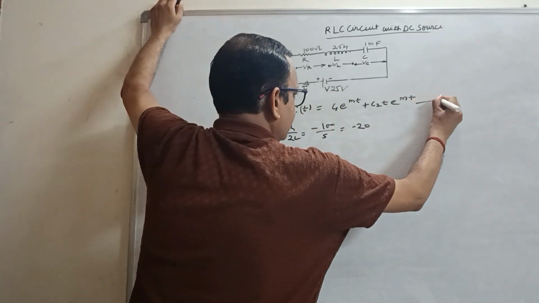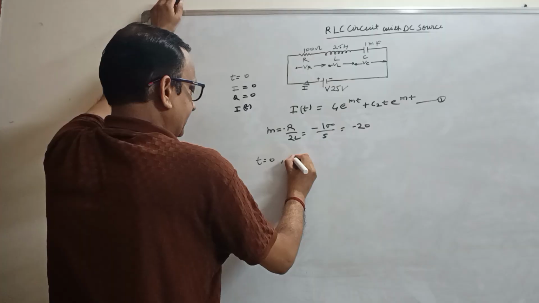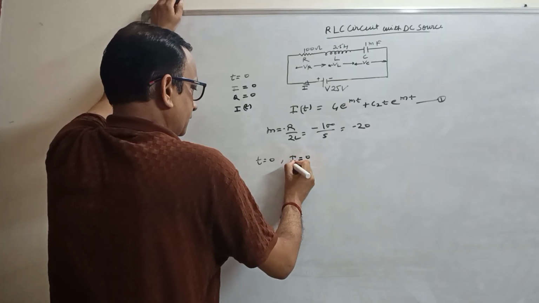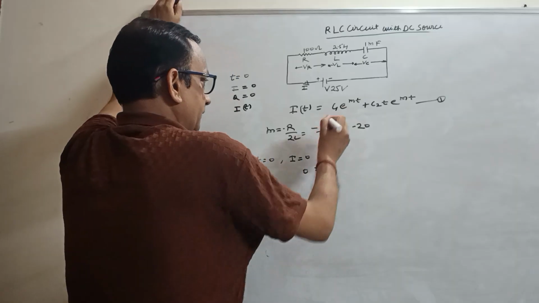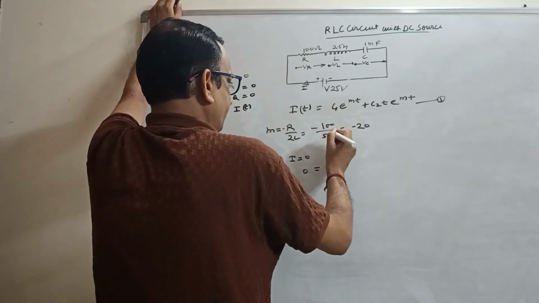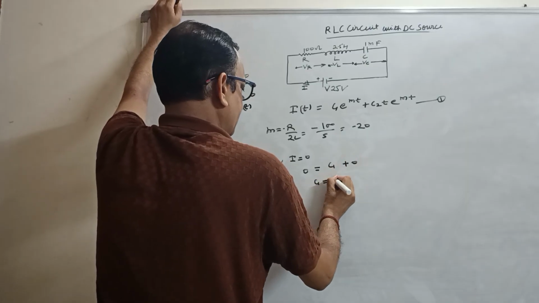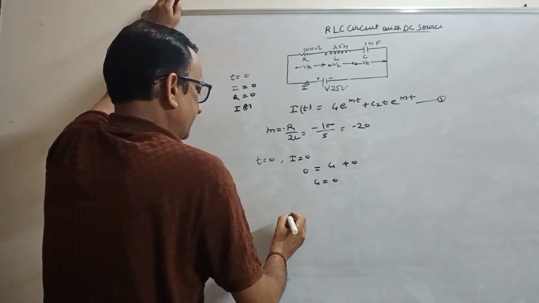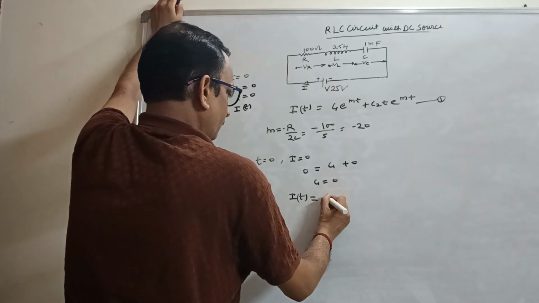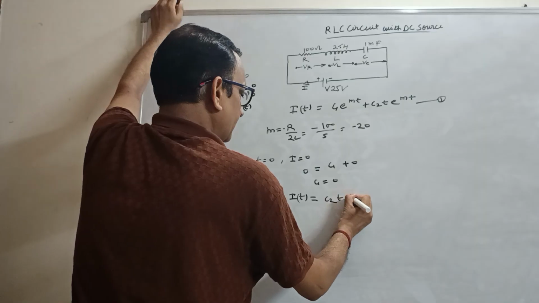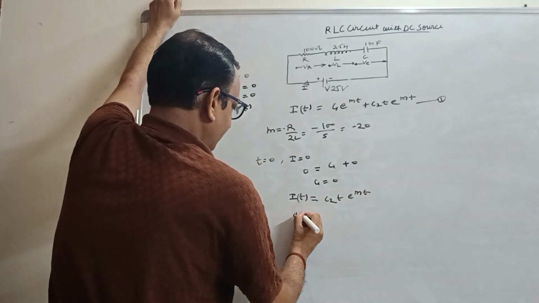In this equation, at time t equal to 0 the current is 0, so these terms become 0, C1 plus 0, so C1 becomes 0. Putting the value in equation 1, the current at time t would be C2 t e raised to power mt. Differentiate this term.